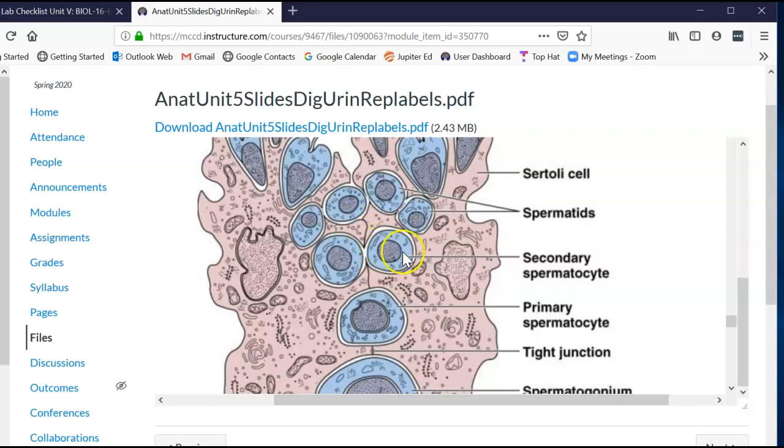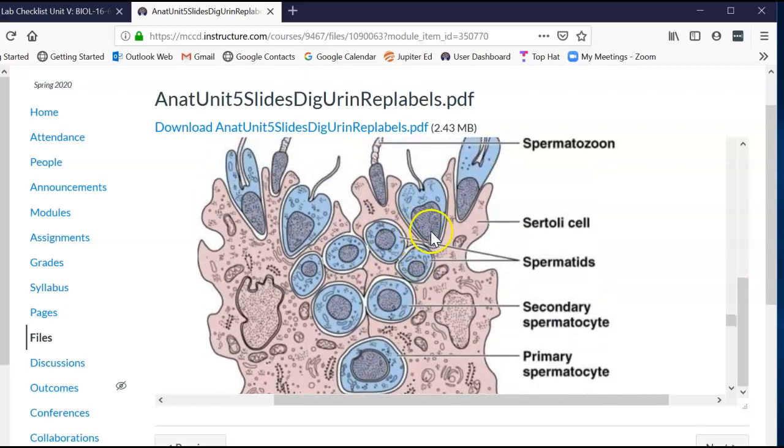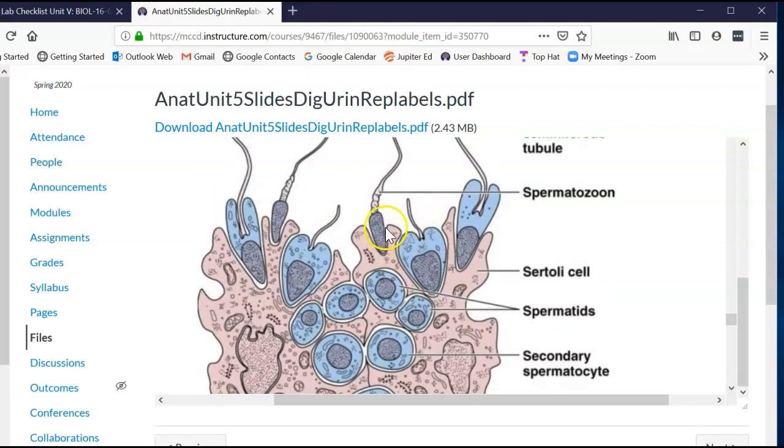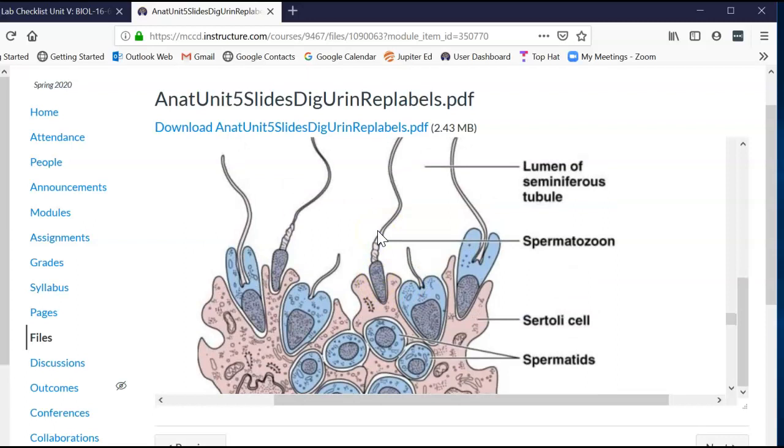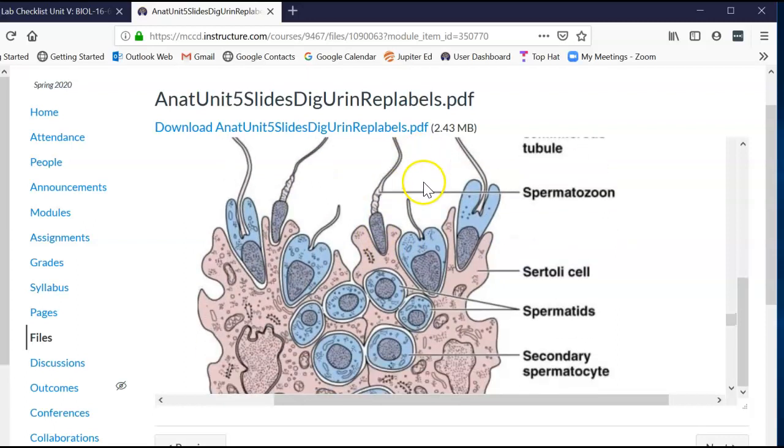This has 23 chromosomes. This has 46 if we're looking at a human. Then these secondary spermatocytes divide by meiosis, the second division, and that produces the spermatids. The spermatids go on to develop a head and a flagellum, and eventually they will be called spermatozoa or sperm cells. And then we're in the lumen of the seminiferous tubule.